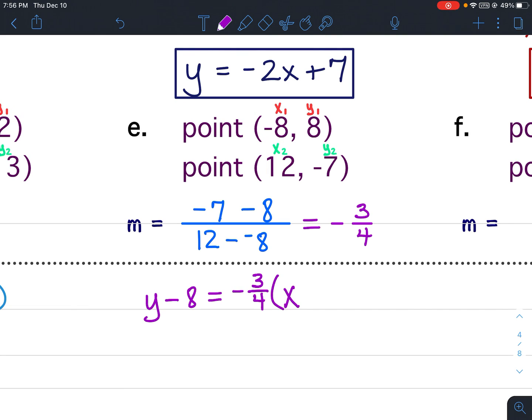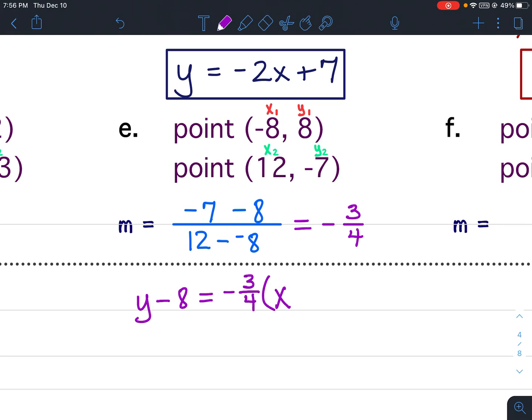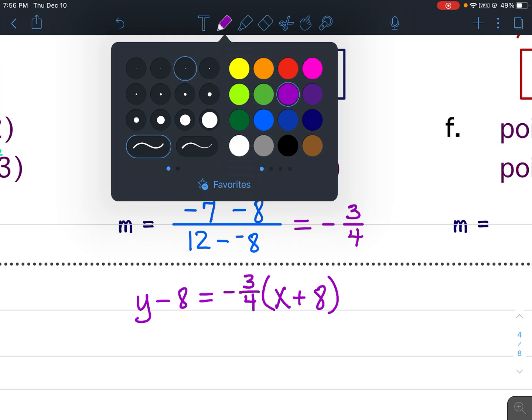So again, you could do this two ways. You could write it down as minus -8 like that. Or, since you're subtracting a negative, you could go right ahead and make it a positive to begin with. All right.